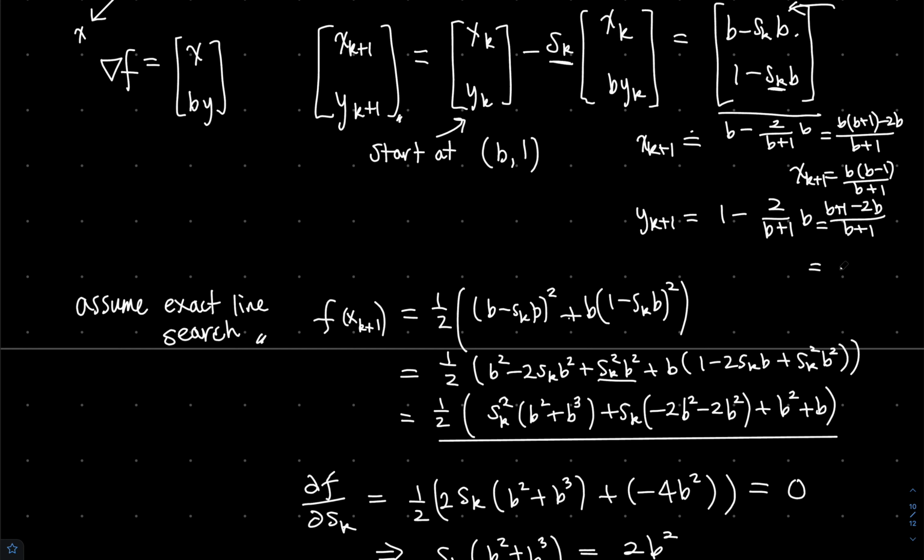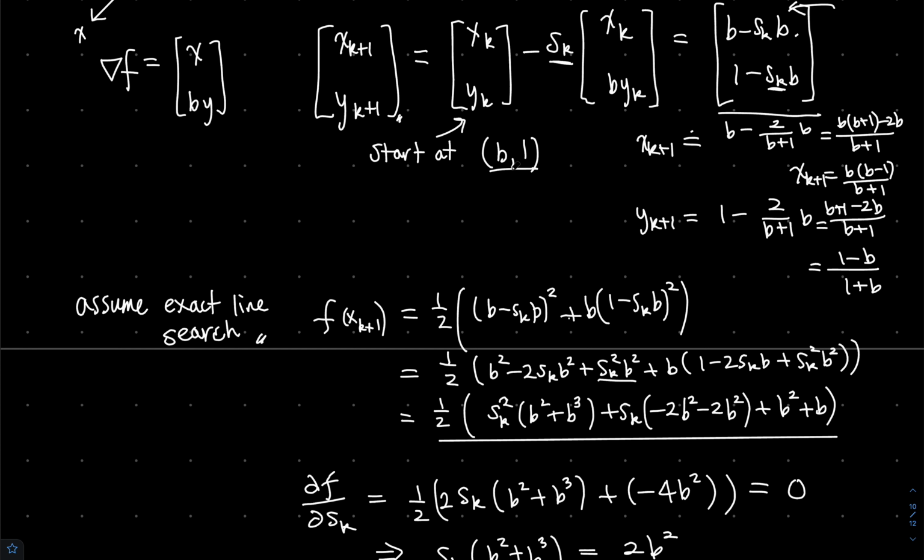Then this becomes b plus 1 and 1 minus b. So it might be a bit easier to read if we write 1 plus b. So 1 minus b over 1 plus b is the yk plus 1.